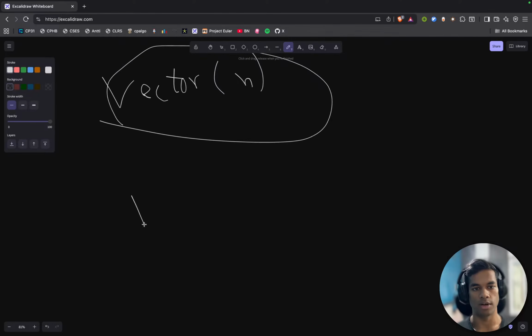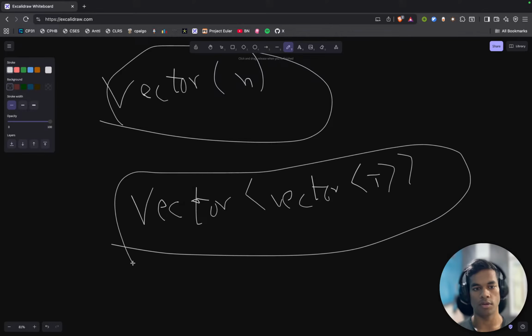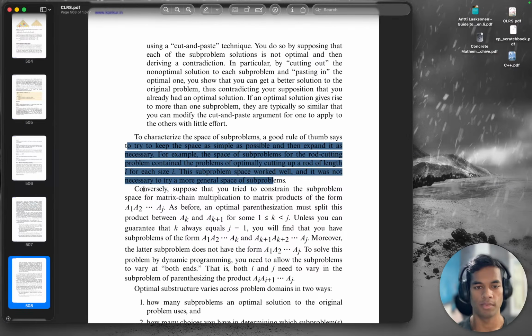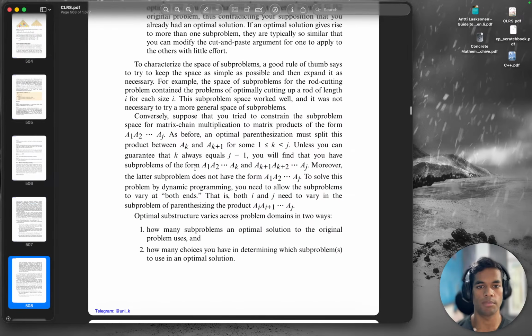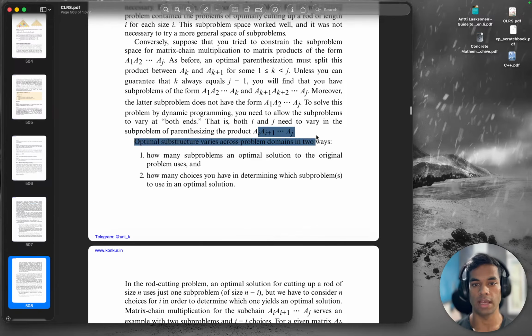In matrix chain multiplication, we used a vector of vectors of some type T, and the writing is amazing, MCM. Yep, because we had to vary the starting position I and also the ending position J at both ends. That is, both I and J need to vary in the subproblem of parenthesizing the products AI to AJ.